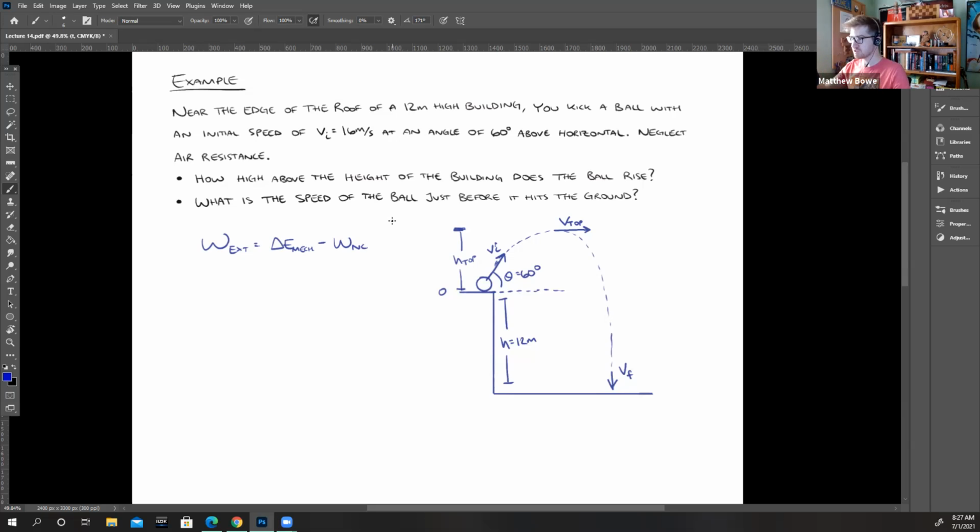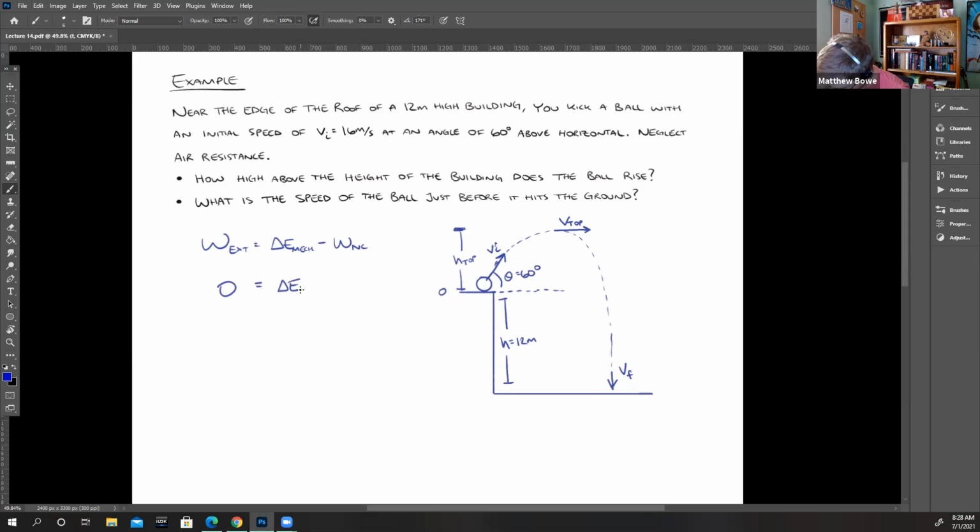Does some external force change what happens to the ball? Remember, within the change of energy we have the kinetic energy and the potential energy. Is there anything outside of those two that affects the ball? The problem neatly tells us to neglect air resistance, so we're going to say no. There's nothing else outside of the energy we already have, so there's no external energy.